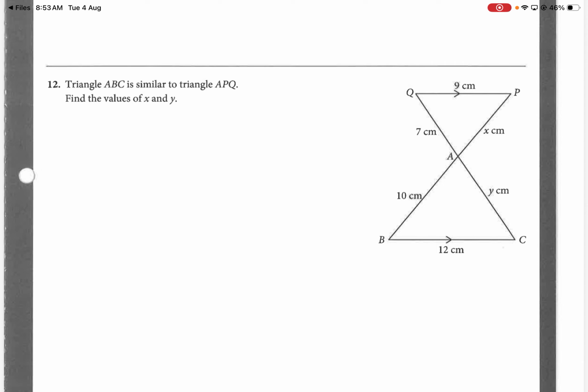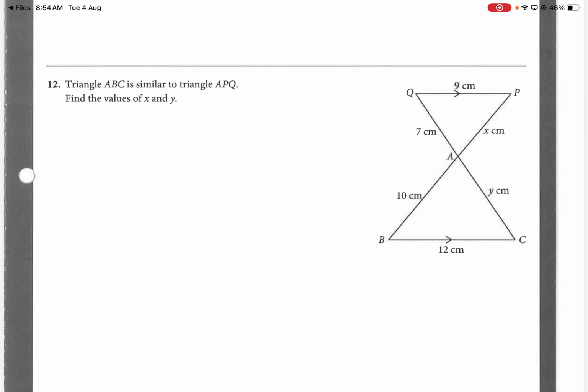So from the naming, I can know which side corresponds to which side. A, B, C corresponds to A, P, Q. So A is the same point, then B corresponds to P, C corresponds to Q. So it is not left hand side same as left hand side. In this case it is A, B, C same as A, P, Q.